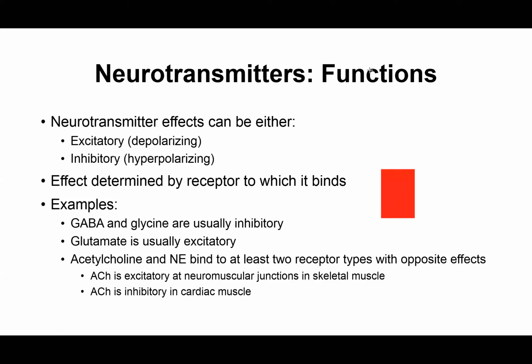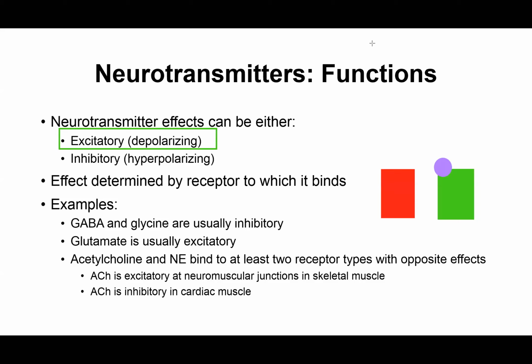So we're going to say that we have two receptors here. And if our neurotransmitter comes in and it binds to this receptor, then we're going to say that it's going to have an excitatory effect.